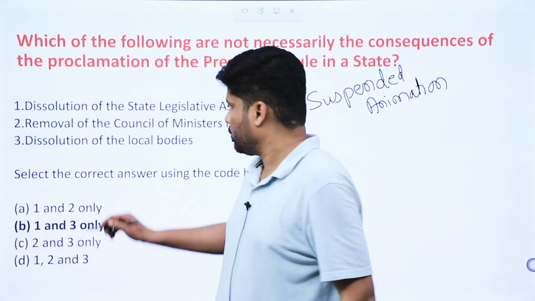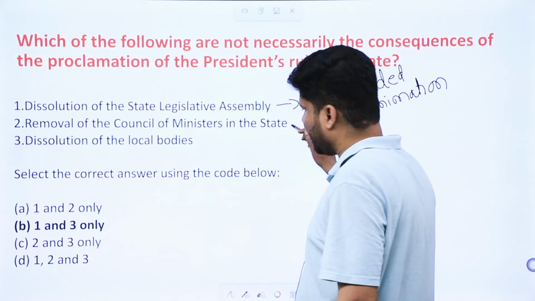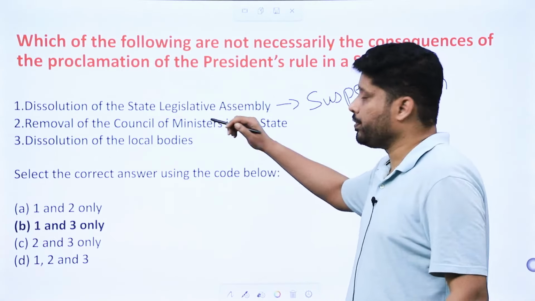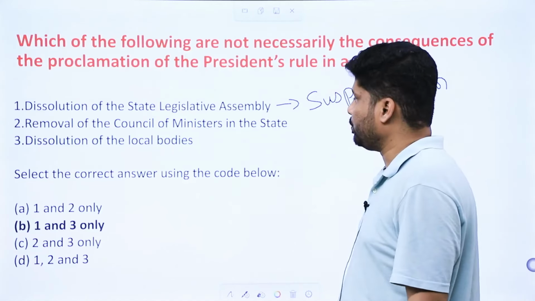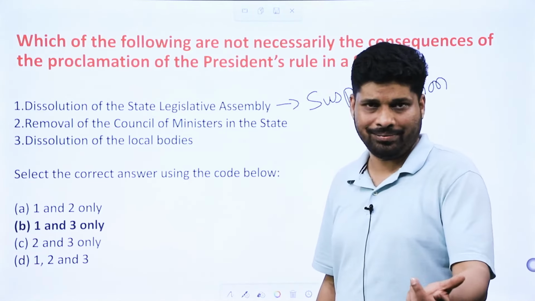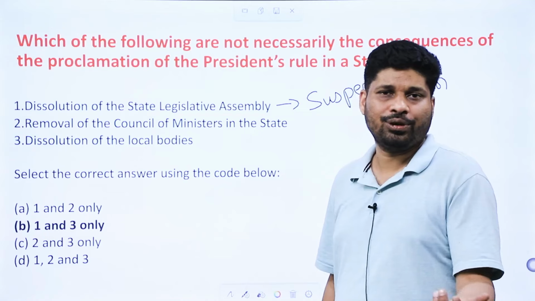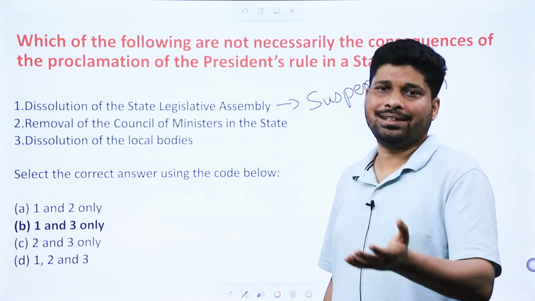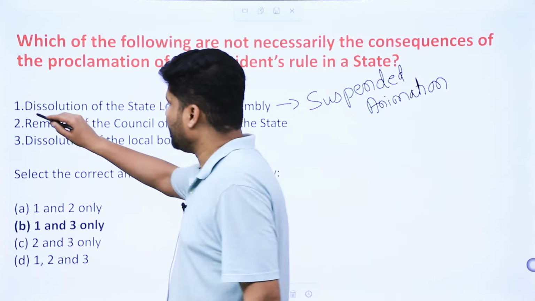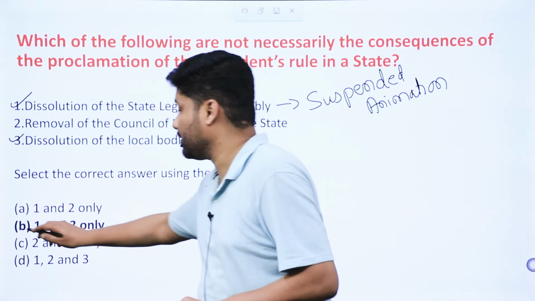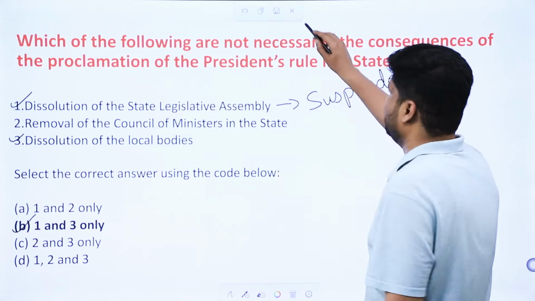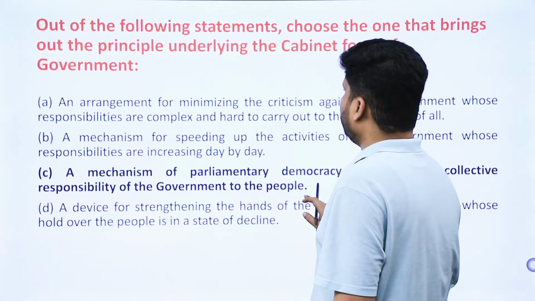So second will happen compulsorily, first will not necessarily happen. Dissolution of local bodies has no relation with state emergencies. So first and third will not compulsorily happen. Hence our answer will be B. Moving on to the next question, guys.